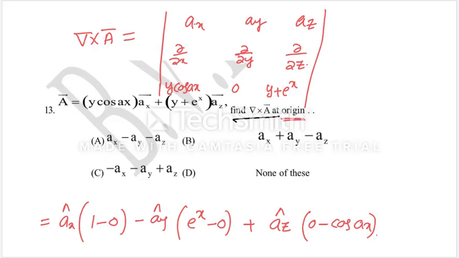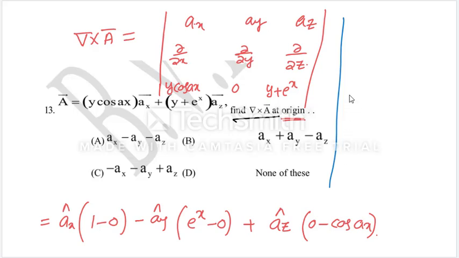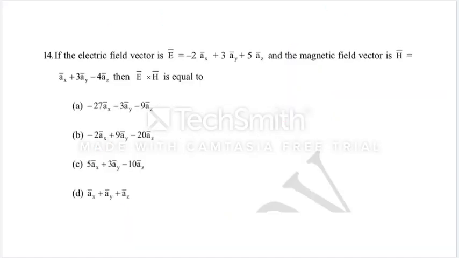Origin means replace the point as 0 0 0. Then so finally what I can get now here, del cross A, which is you'll get it as ax minus ay minus ay, and then minus az, isn't it? So what's the option here? A. Praveen, got it?